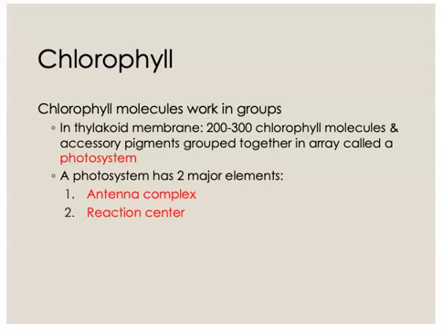The photosystem has two major components: the antenna complex and the reaction center. In other words, the chlorophyll is arranged in that big group into two different functional groups, the antenna complex and the reaction center.